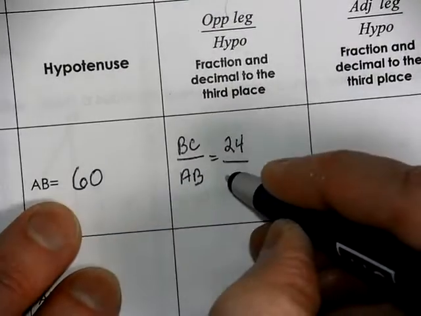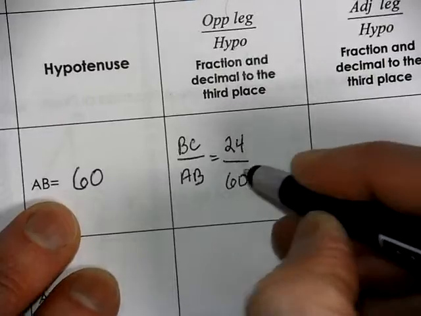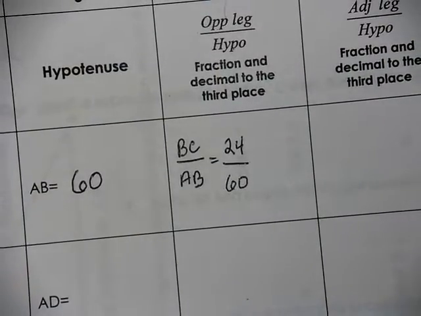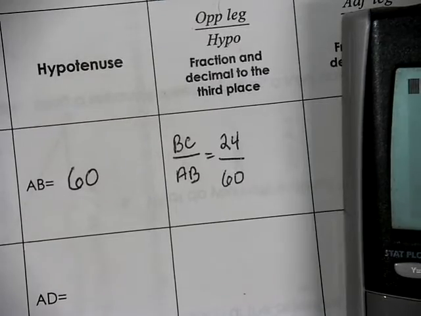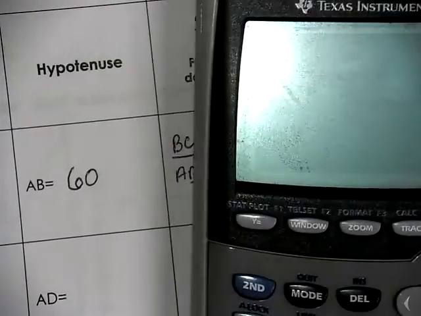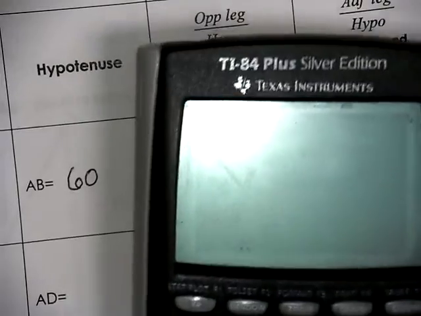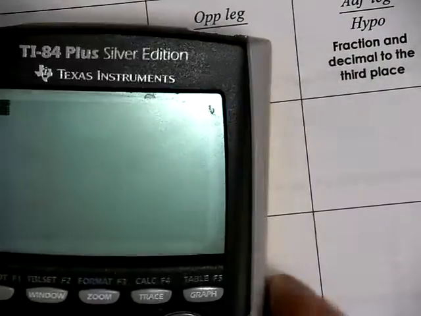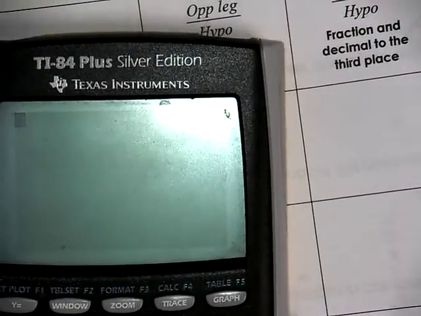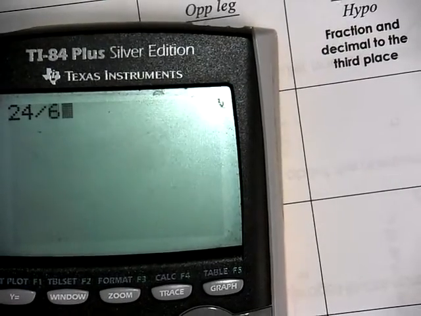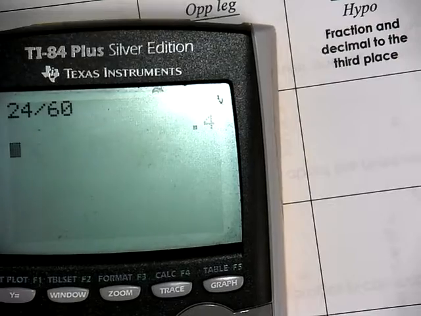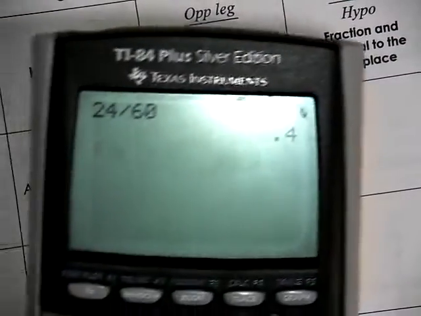AB we calculated to be 60. We could reduce that. And we can also type that into a calculator. So we have 24 divided by 60. And that comes out to be perfectly 0.4, it looks like.